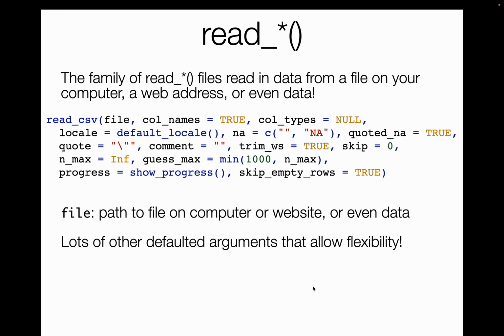But it does more than that. You can also put an entire URL to a website. So a path to a website, or you can even put data in there, in quotes. You probably don't want to do the third part. Almost no one ever does that third part, but the first two are fairly common.